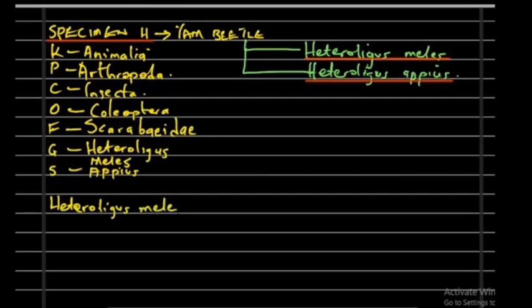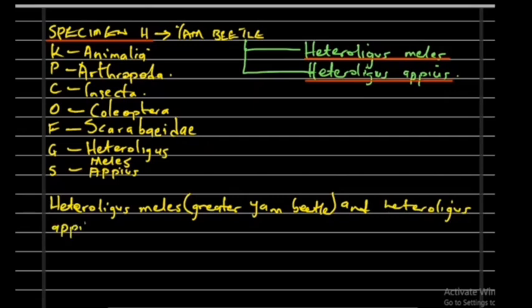Heterolygous Melis, which is the greater yam beetle, and Heterolygous Apius, which is seen as a lesser yam beetle, are both destructive.